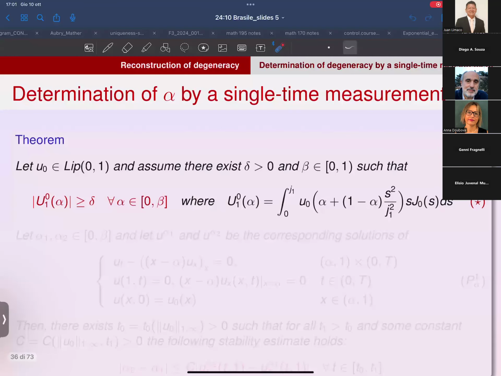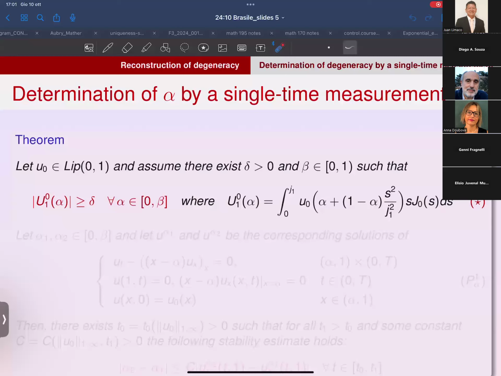Okay, a first result I'm going to describe for you is how to determine alpha by a single shot, by a single time measurement of the normal derivative. This is not hard to believe because alpha is a scalar, so it is reasonable to conjecture that you can determine it by a scalar.